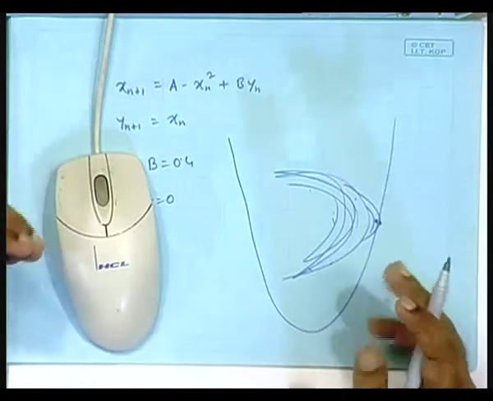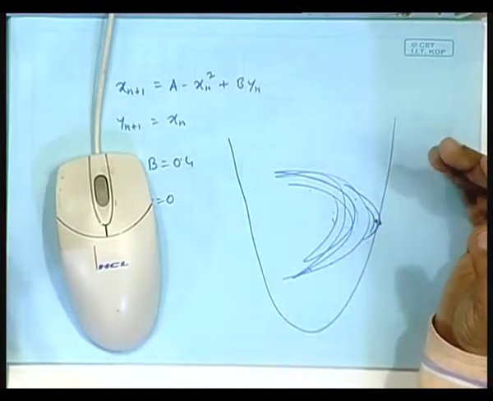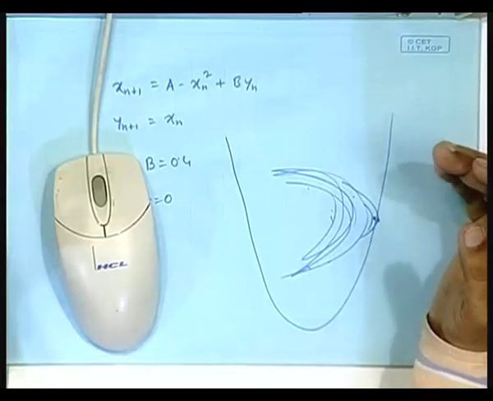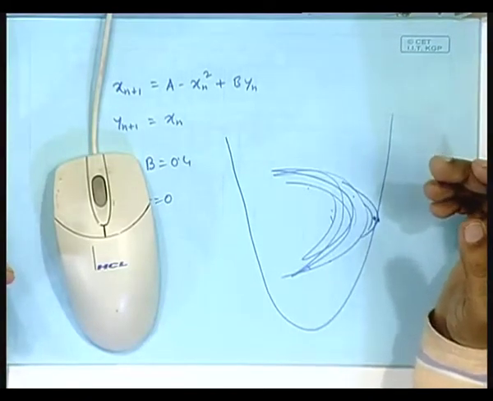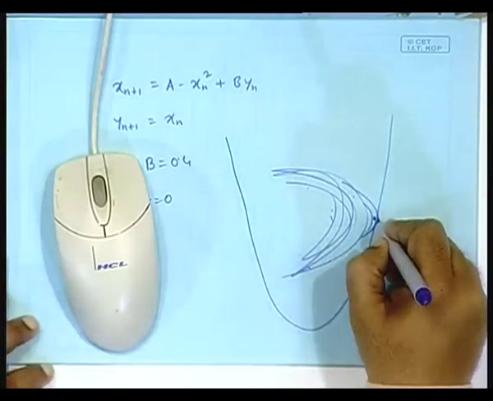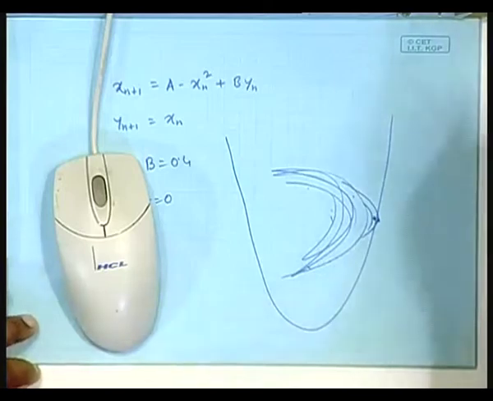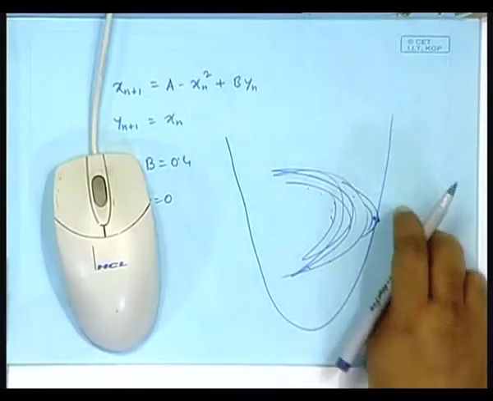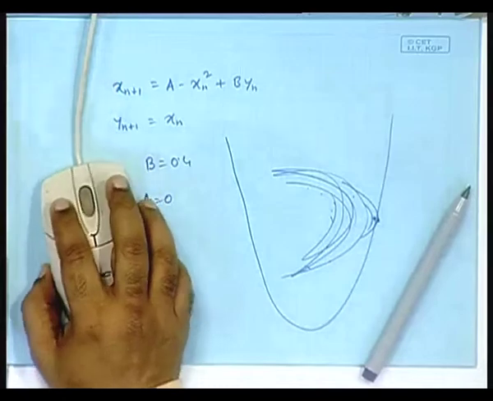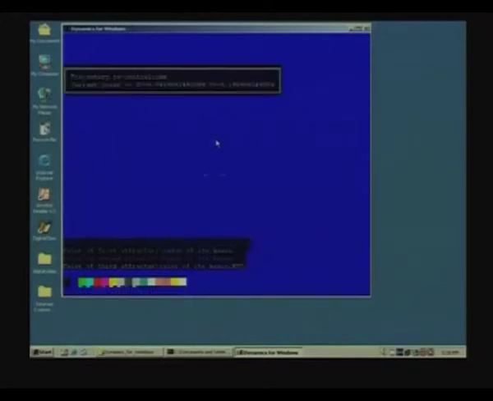As a result, in a system that has undergone a boundary crisis, you can expect a very long transient, because only when an iterate falls here will it go to infinity, else it will go on. Let us start from some initial condition, say here, and do iterates.